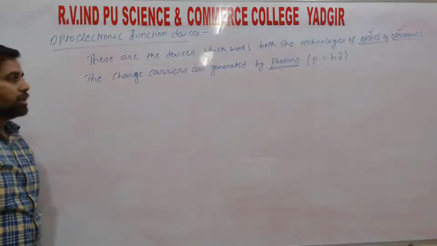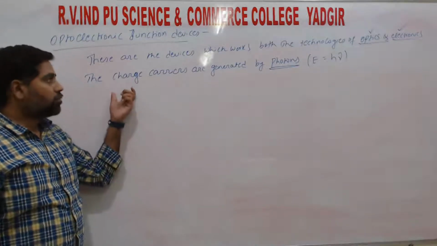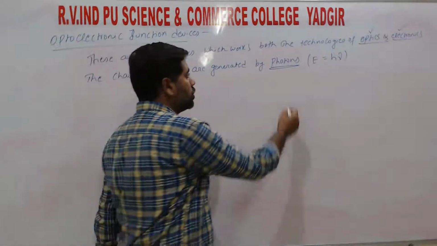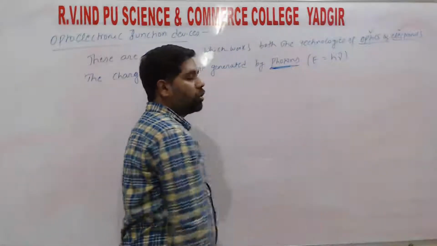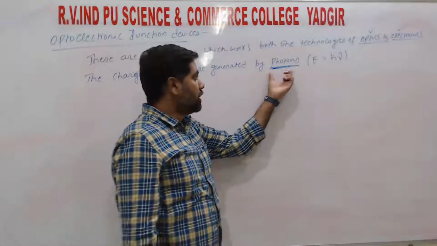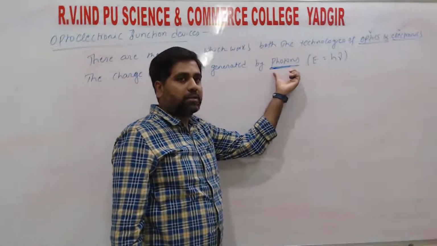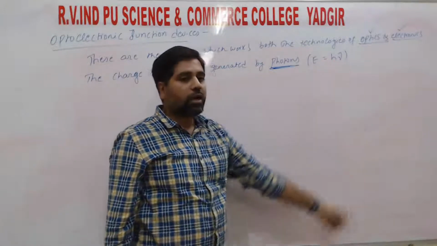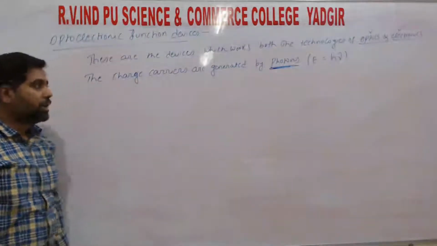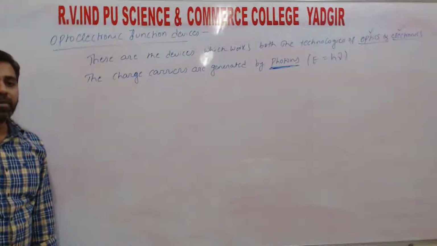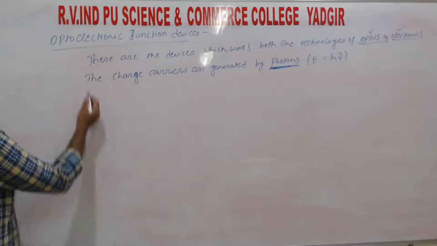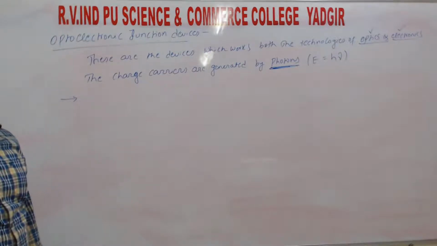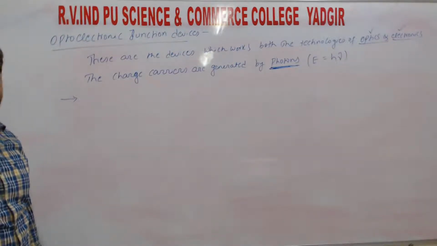In optoelectronic junction devices, the charge carriers present in the semiconductor are produced by photons, energy packets with energy E equals h nu, or E equals hc by lambda. In our syllabus, we are discussing a few optoelectronic junction devices.